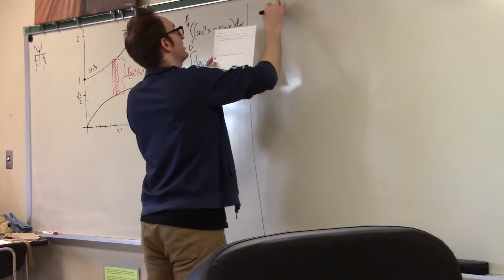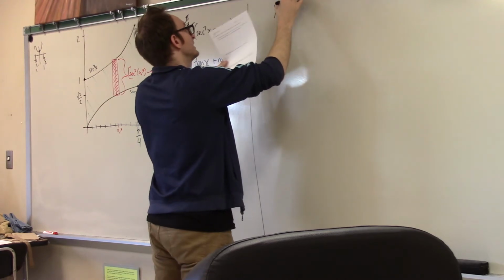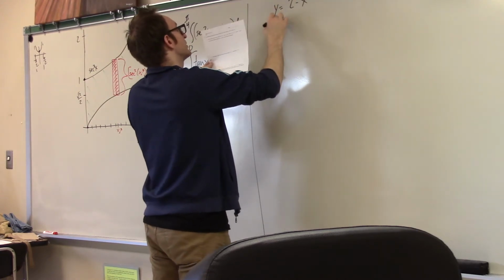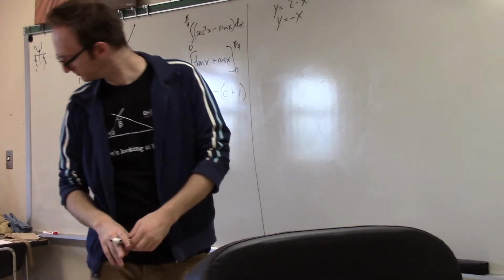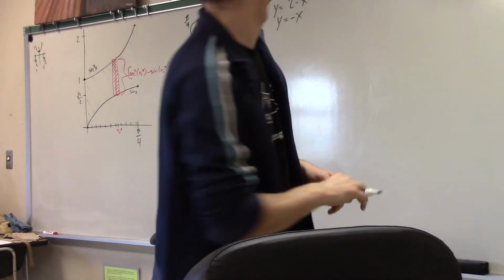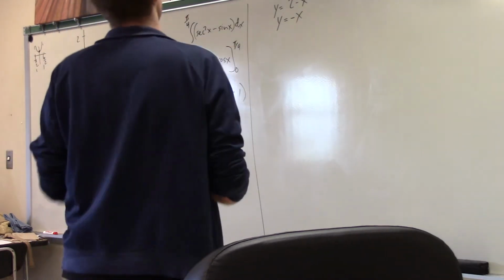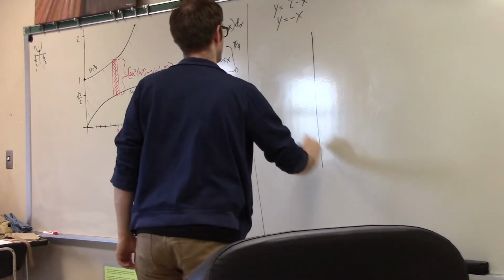Okay, so this next problem says find the area of the region in between y equals 2 minus x squared and y equals negative x. So for this, I need to draw a picture because otherwise I have no idea what's going on. So let's do that.